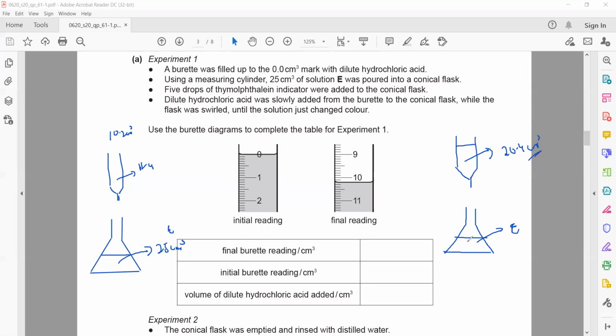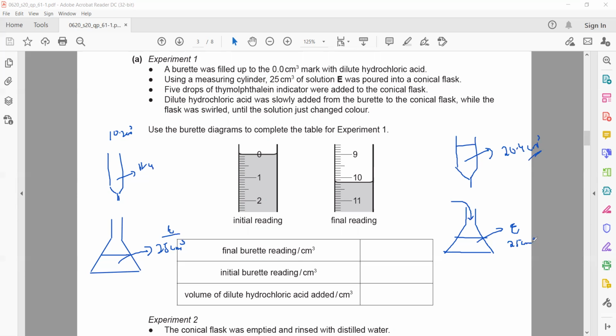Why does this lead to a different result? Because indicators are normally weak acids. So when we use a different indicator, the volume of acid or alkali required will also change. Even though the same solution E was used, the same 25 cm³, the indicator here was methyl orange and the indicator used there was thymolphthalein. Thymolphthalein is a stronger acid than methyl orange, though all indicators are weak acids.